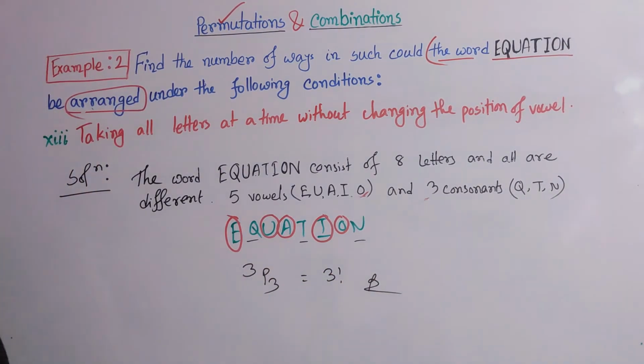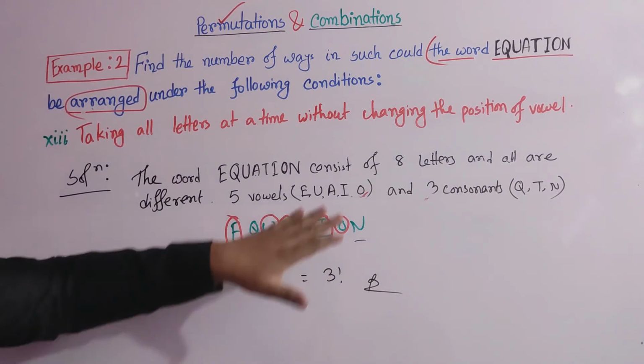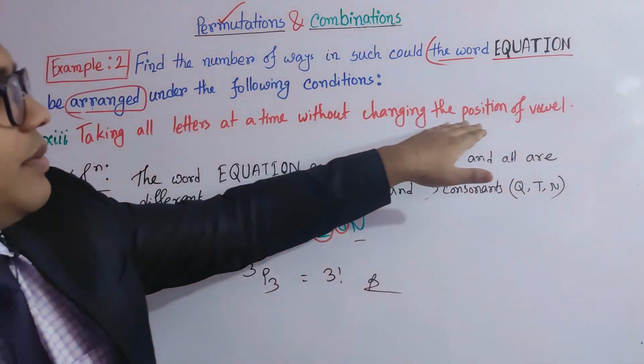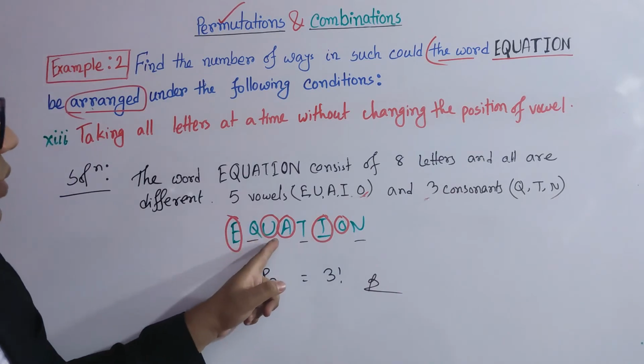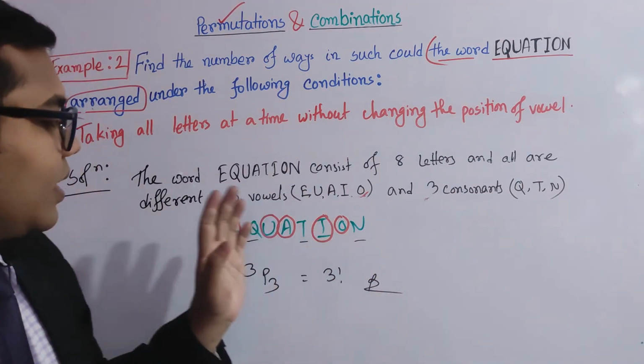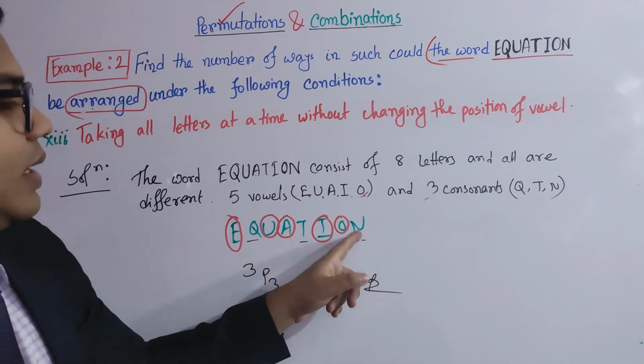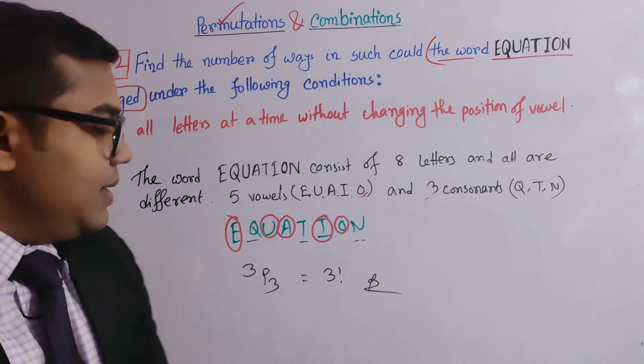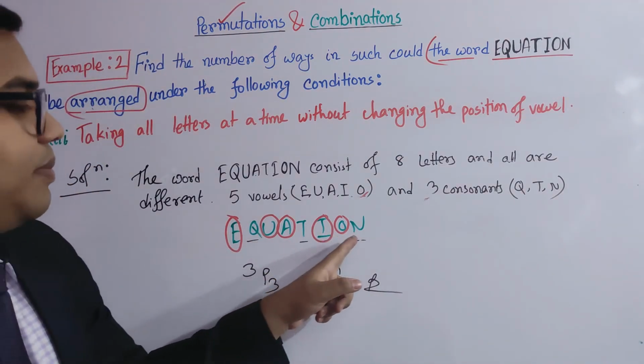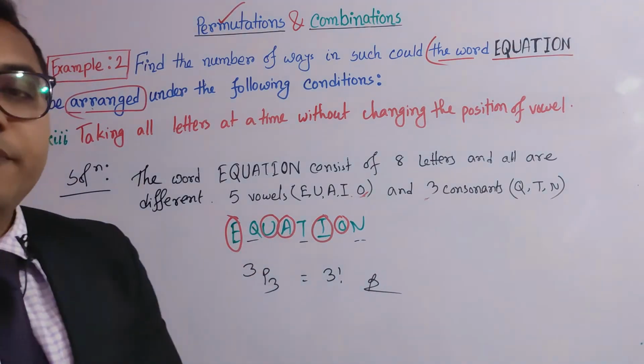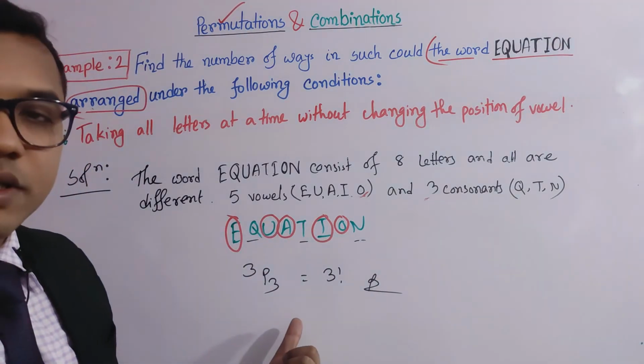So what have we done? Without changing the position of the vowels, the vowels stay straight, but the positions of the consonants can be changed. There are 3 places and 3 letters, so 3P3, which is 3 factorial, is the answer.